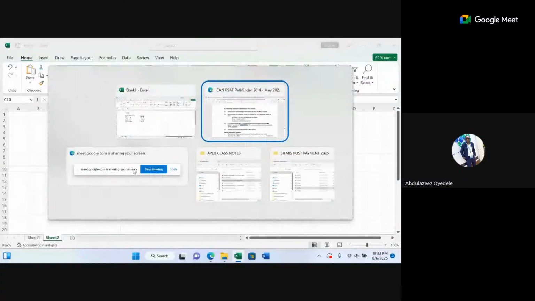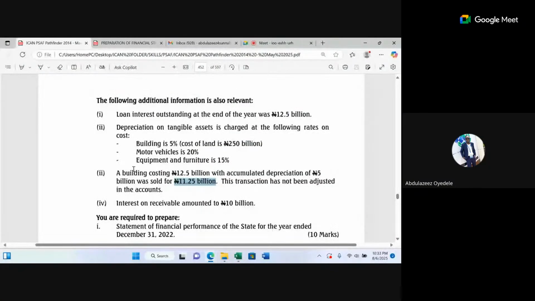Now let's go back to the question. This being a gain on disposal, we're going to recognize it as part of other income, not operational income. So let's look at other information we have here, if there is any other gain or any other revenue items. From additional information number 4, we have interest on receivable, amounting to 10 billion.